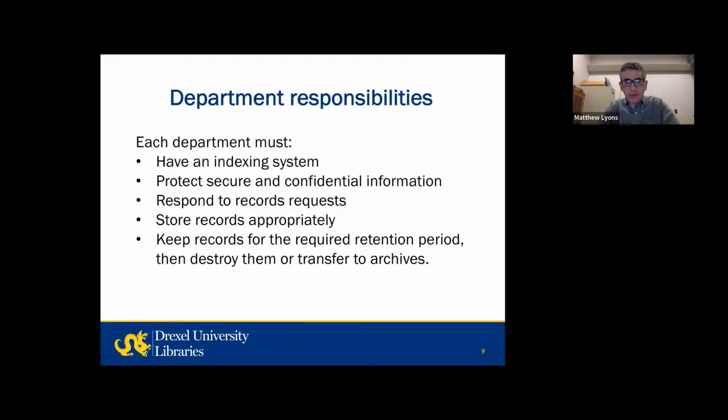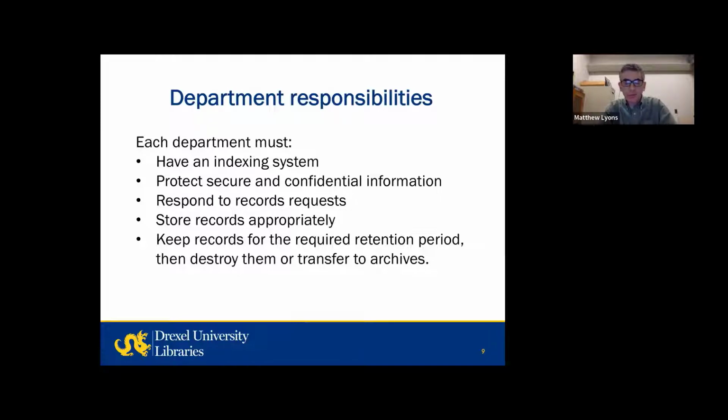Now I'm going to outline some of the more specific records management responsibilities. Under Drexel's records management policy, each department, which in this case means each academic, clinical, or administrative office at whatever level within the university, is responsible for a number of functions.